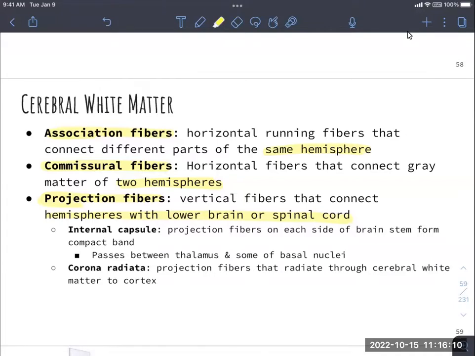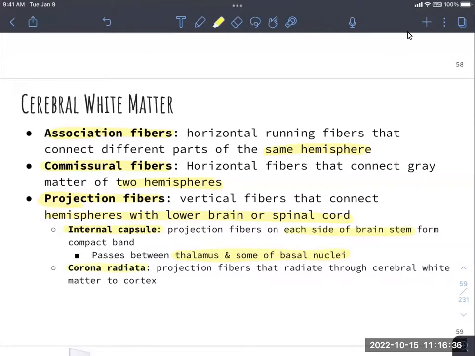As part of these projection fibers, we have an internal capsule. This internal capsule has fibers on each side of the brain stem, and they pass between the thalamus and some basal nuclei.